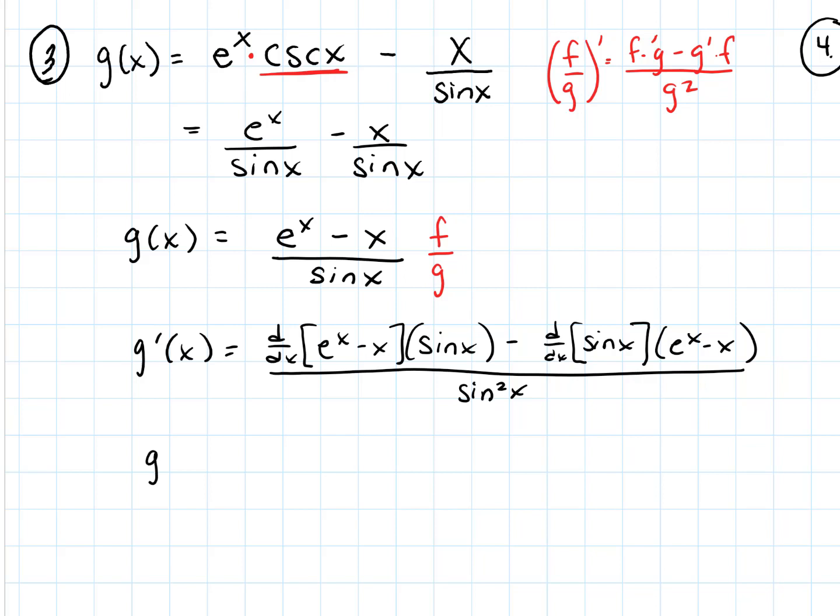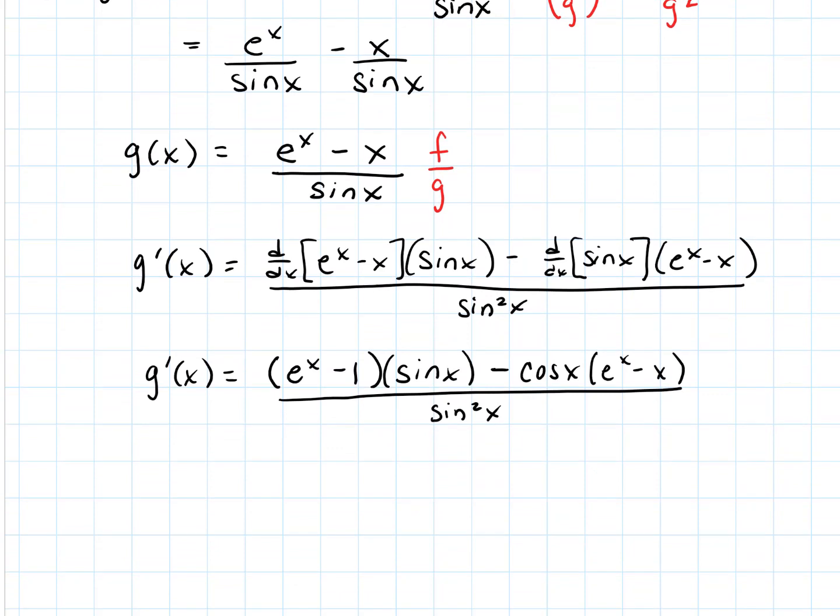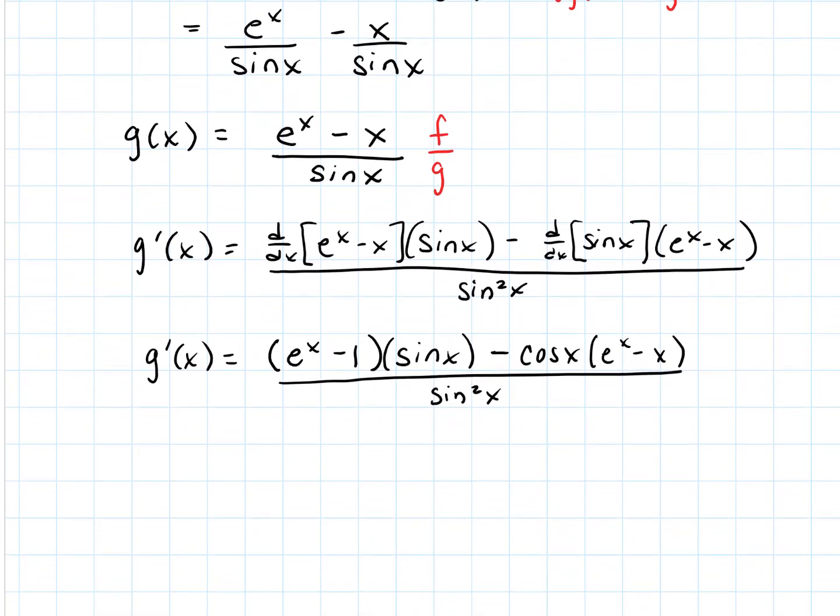And then the actual derivative when we apply our derivative operator here becomes e to the x minus 1 times the sine of x, minus the cosine of x, because the derivative of the sine is cosine, times e to the x minus x, all over sine squared of x. Now, in terms of simplification, we could distribute and see how things go here. I'm not sure we're going to get a whole lot of simplification here, but let's see.